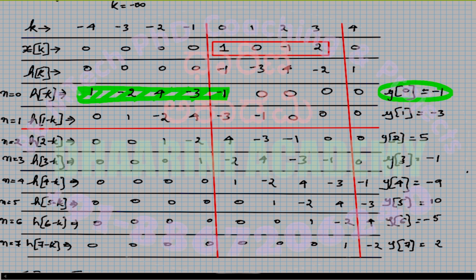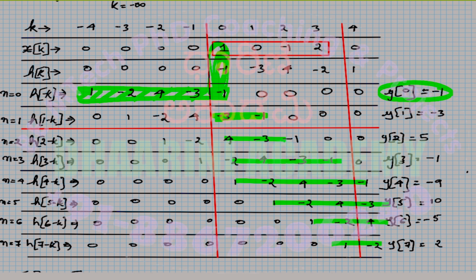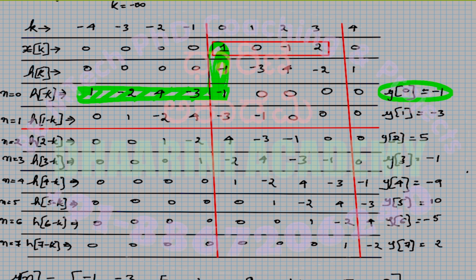Because this green colored one, which is coming from the left side, just starts overlapping. You can see here, there is just 1 point overlap, then 2 points overlap, then 3, then 4, then all of them, then it moves out. Like that I have to perform the convolution. That is the way of the standard convolution which we have done in the previous stage.